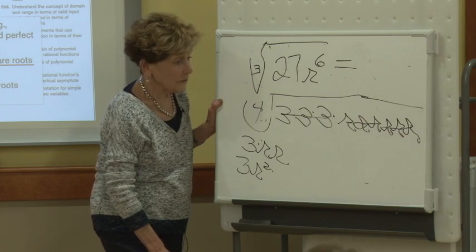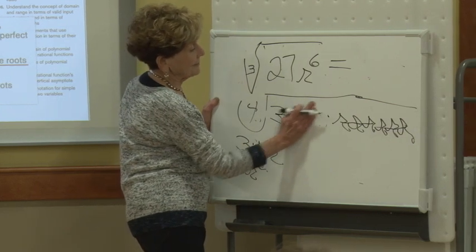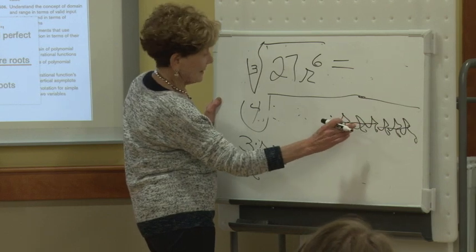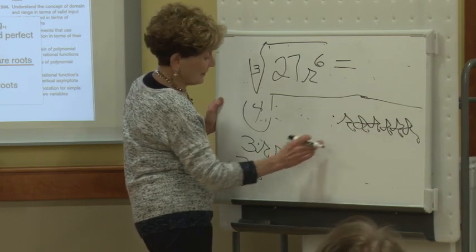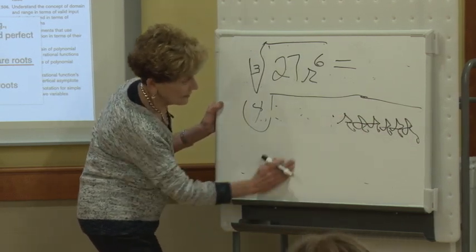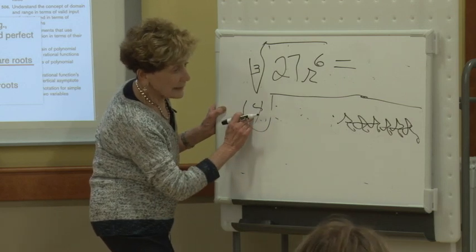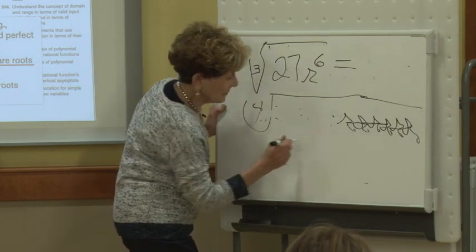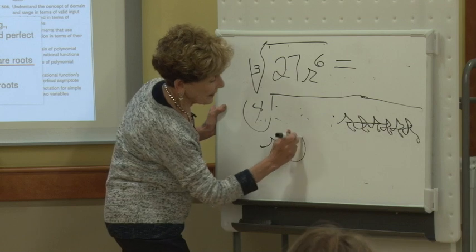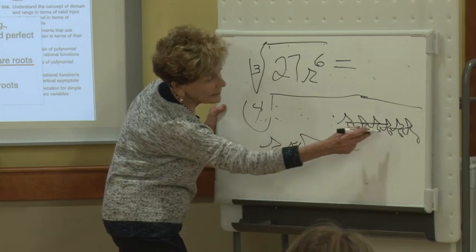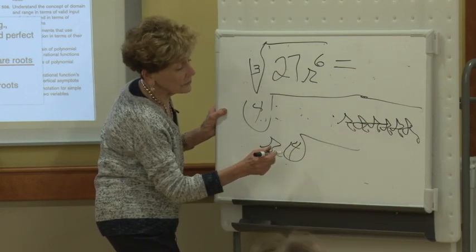So if I had 6 R's, I need 4 of them. So I'd have 1 R on the outside, and how many would be left on the inside? 2.